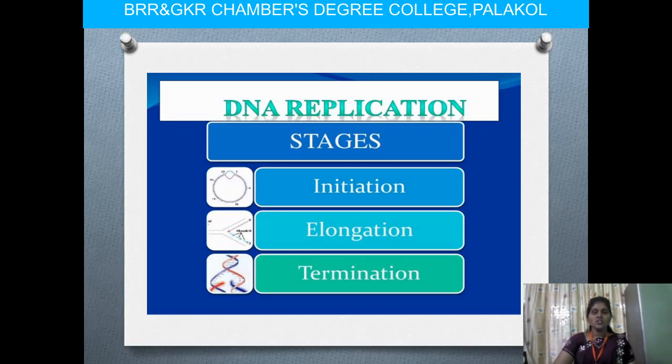Elongation means the separated DNA strands are converted into the daughter double stranded DNAs. And the next one is termination. This is where the replication is stopped and the two daughter DNAs are formed. Stopping or completion of the replication process is called termination.